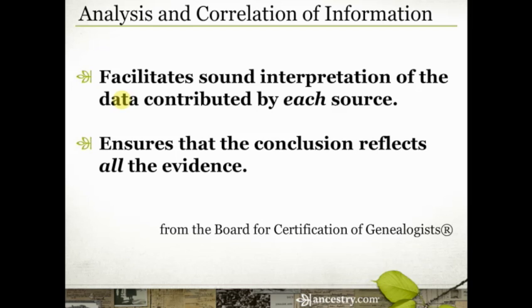Okay, again, a lot of times we enter information into our family history software or write it down as part of our family history, and we need to make sure that whatever conclusions we're drawing about what this person's name was, or what those relationships are in that family, or when a particular event in their life occurred, we need to make sure that conclusion reflects all the evidence, not just that we cherry-picked the pieces of evidence that fit our preconceived notions, or that, we think, somehow magically makes sense, right?